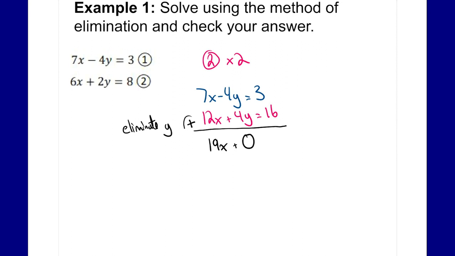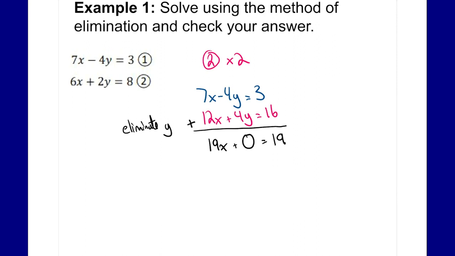We always use this outside operation as what we're doing overall. So 19x plus 0 equals 3 plus 16, which is 19. And that's exactly what we want. We want to have 0 as one of those options because that means our variable is gone.